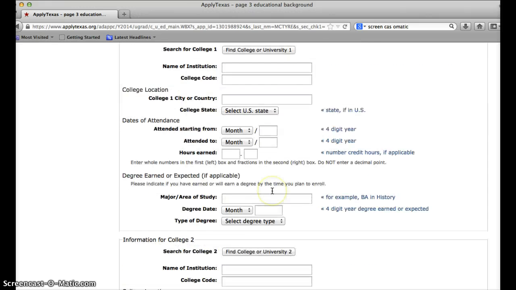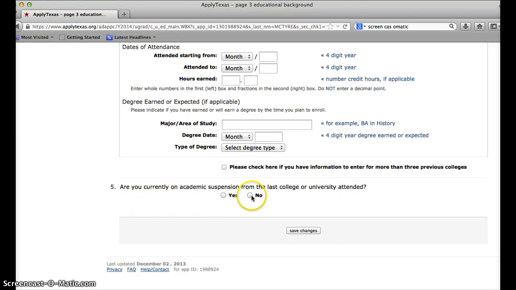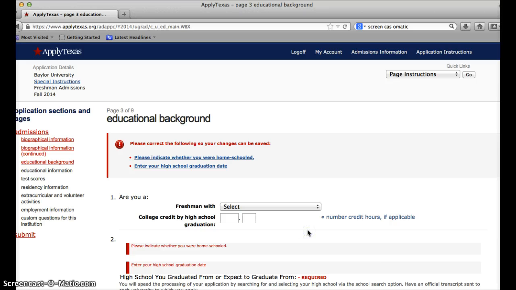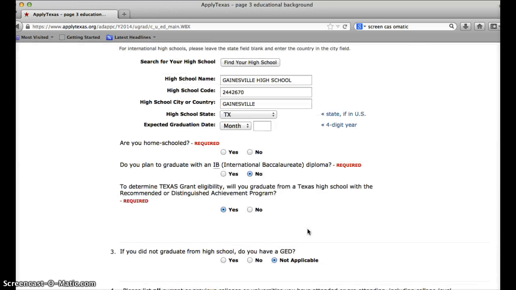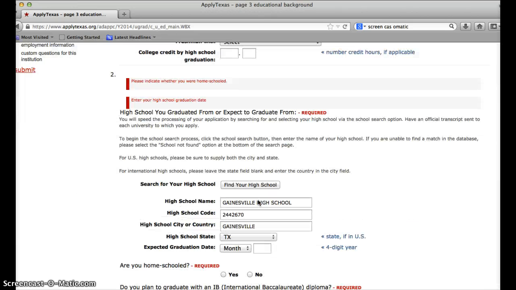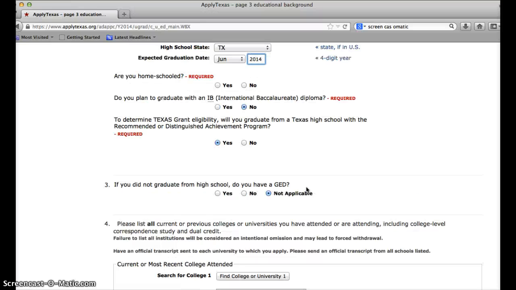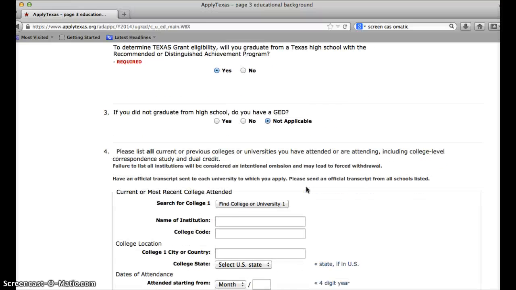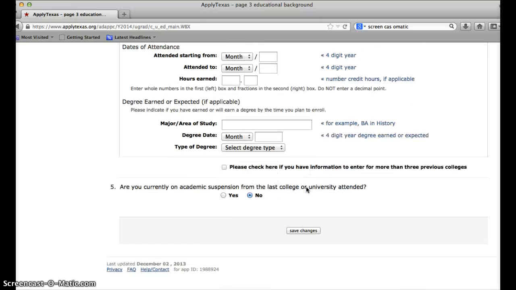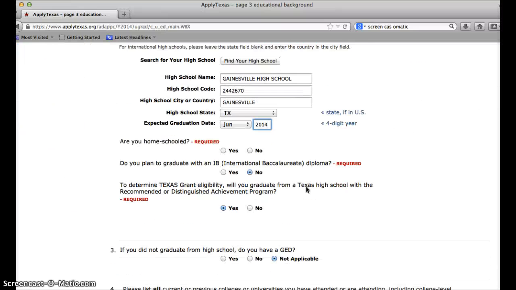And then this is the section for the colleges and universities that you attended before. And as you see, there is an error telling me that I did not enter the information that I need in order to continue, which is my graduation year and month, as well as whether I was homeschooled or not.